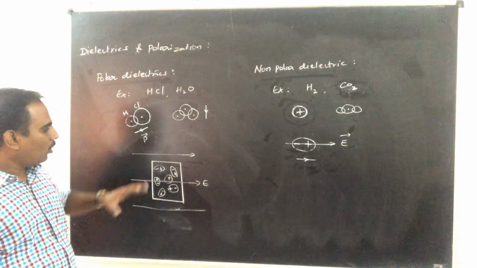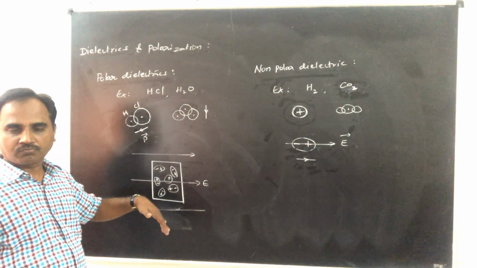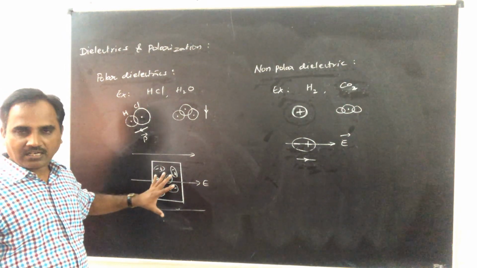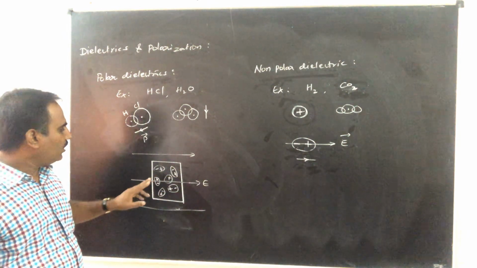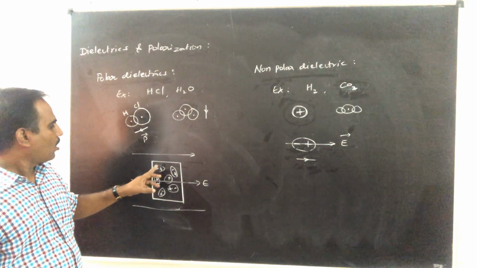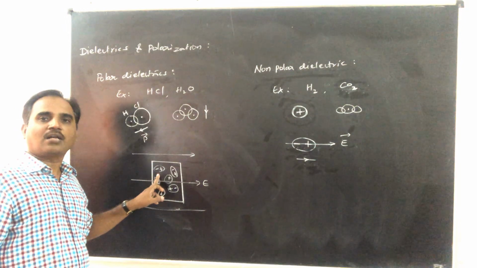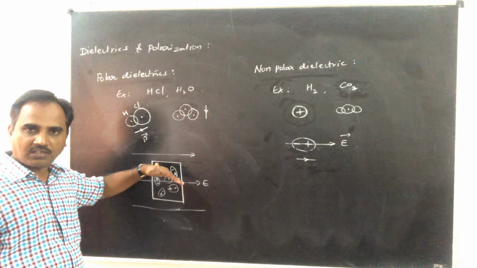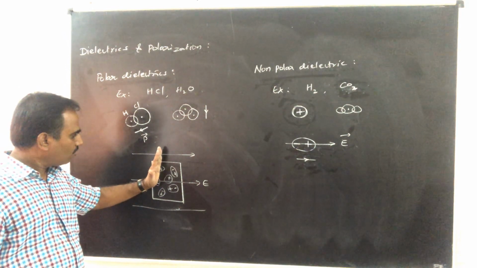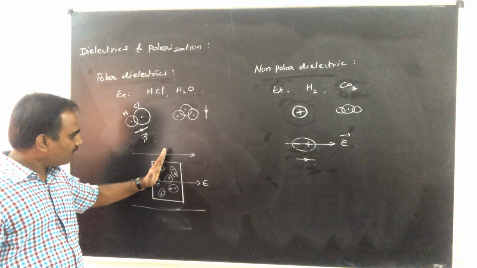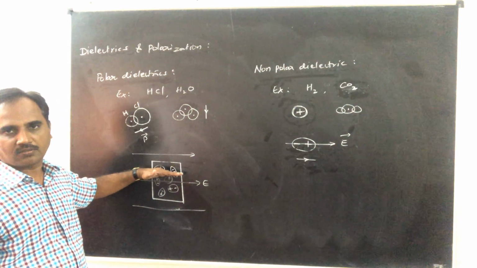So whether it is a polar dielectric medium or non-polar dielectric medium, whenever a dielectric medium is kept in external electric field, the molecules of this dielectric medium experience a torque and they get rotated in the direction of electric field. So when a molecule, due to the torque acting on it, aligns in the direction of electric field, it is said to be polarized.